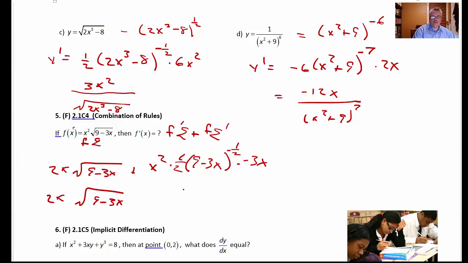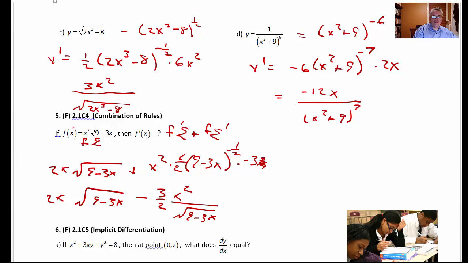Wow, so we got minus 3/2. By the way, this shouldn't be 3x, this should just be minus 3. Sorry about that. So we get minus 3/2 x squared, and we can put this in the denominator, square root of 9 minus 3x.